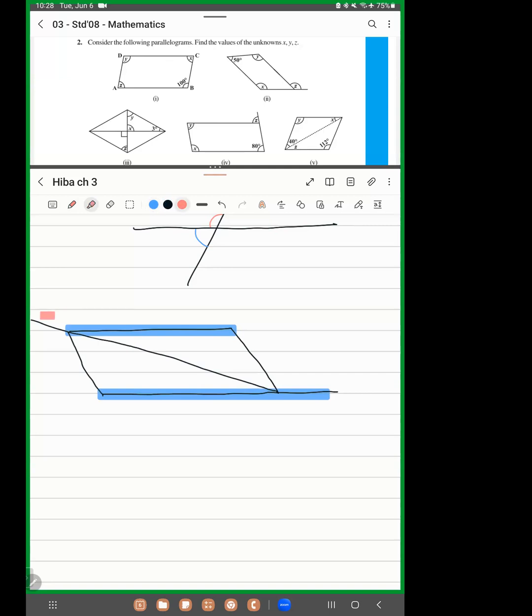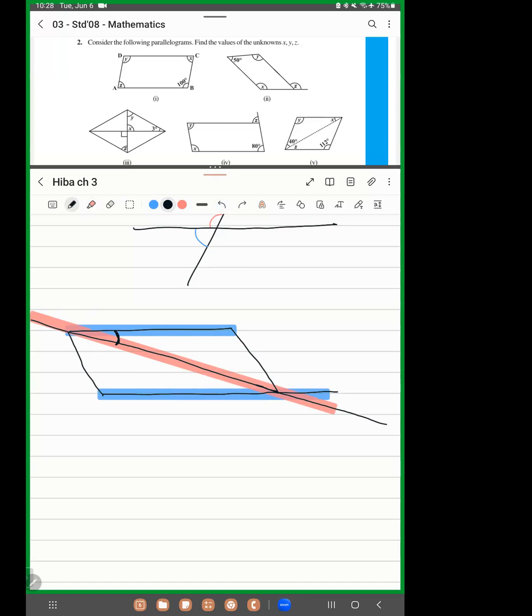Transversal is this. So interior angles on the same side of the transversal are going to be this, and let me, okay, wait, I should just extend it like this. Oh, I'm sorry about that.